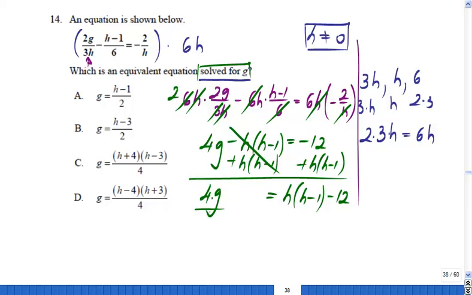Final step, because you need to find 1g, I will divide everything by 4, which will be what? Well, I have 4 divided by 4, which is your g, should equal... if you want, you can distribute that h first to the parentheses and see what that gives you. And that gives you h squared minus h minus 12 over 4.